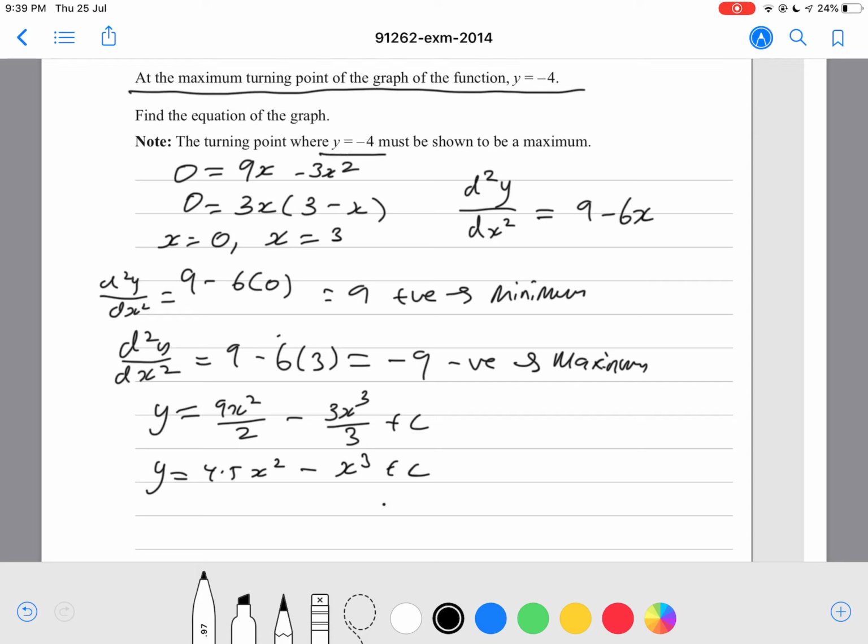It tells you the y value is -4, and that's when x equals 3. So just substitute -4 and 3 into the equation, and you should be able to find your c value. And that should come out as -17.5, but I'll just double check.